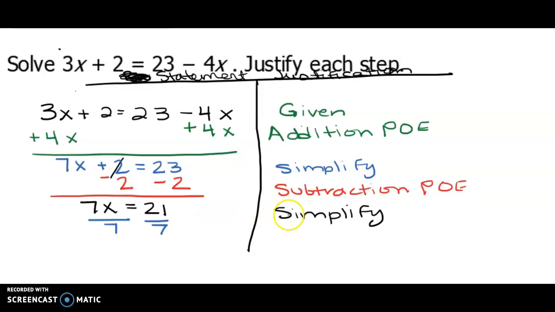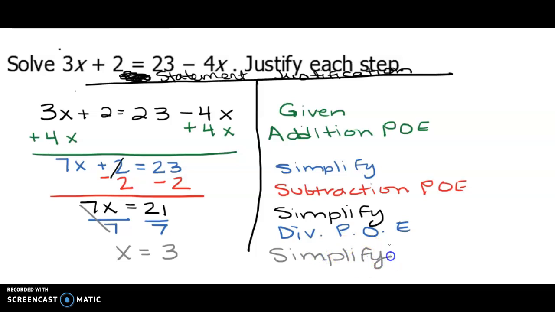When we divide by the same number on both sides of the equation, we get the division property of equality. Those go away, so we're left with x equals 3, and that's just a simplify. That's all there is to it.